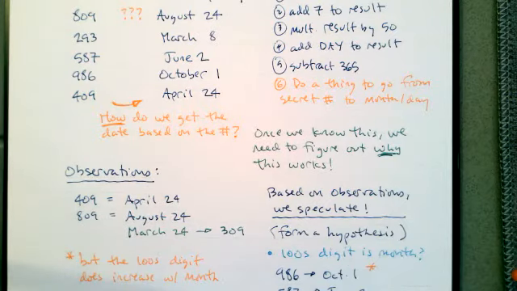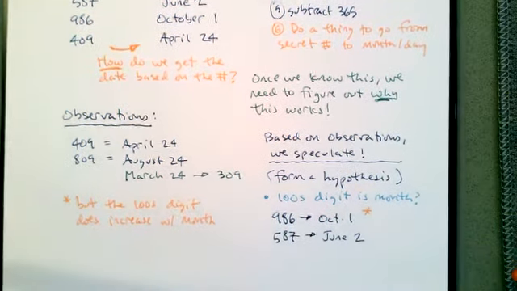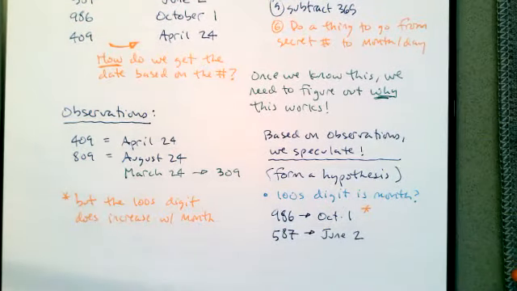So we've observed something about the hundreds digit increasing with the month. Is there anything else you notice about these 3 observations together? So each of them has the same day. It's a 24th, a 24th, and a 24th, and the ones digit is all the same.